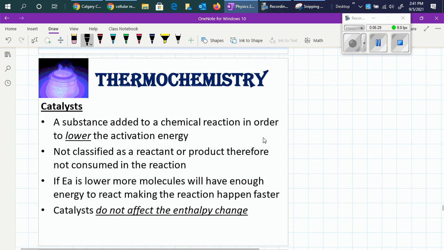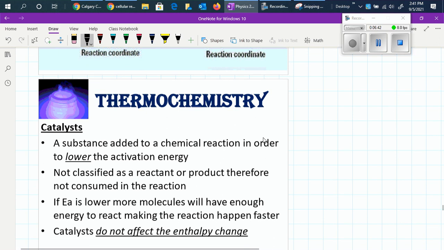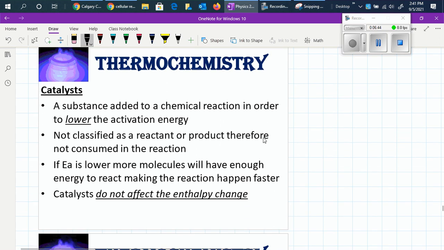Catalysts are substances that are added in order to lower the activation energy. So instead of having an activation energy that has a high spike, we add catalysts to lower that activation energy, to easily break the bonds in the reactants and give them the opportunity to form products.